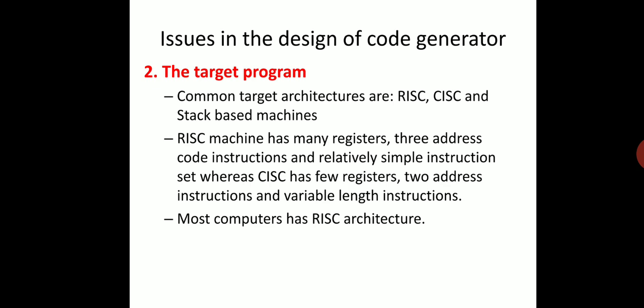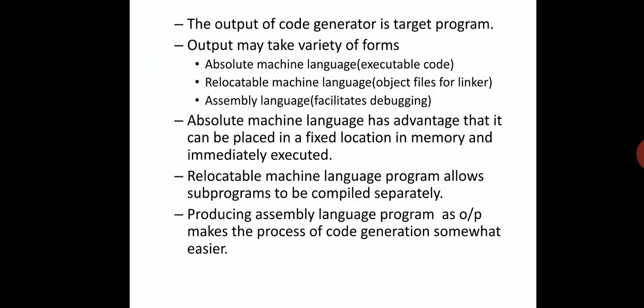So if the architecture is RISC, it has different advantages over the CISC architecture. So it has to first identify what architecture the machine is following. Most computers have RISC architectures. Now this is about the knowledge of the target machine.